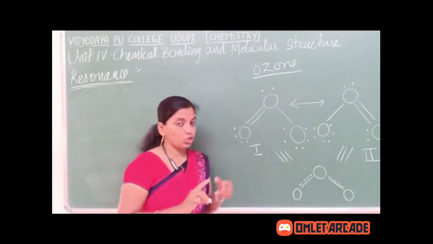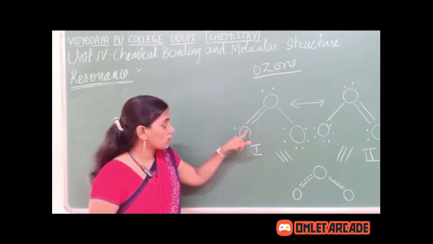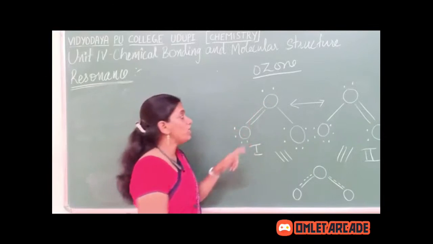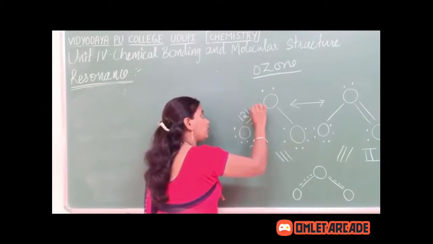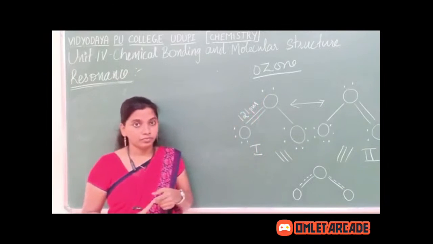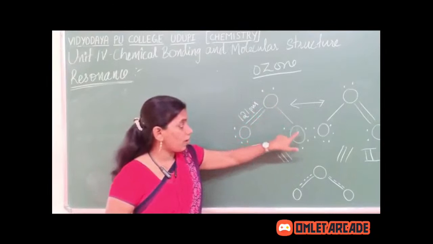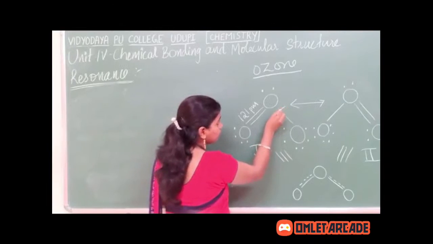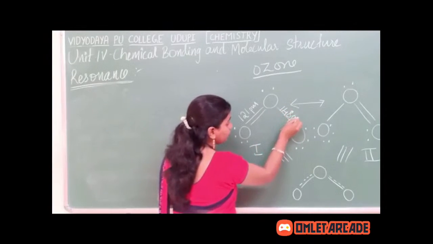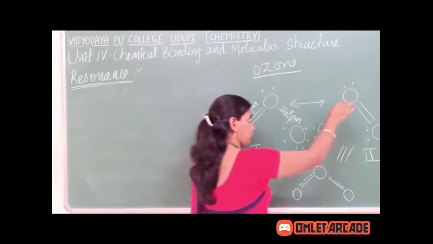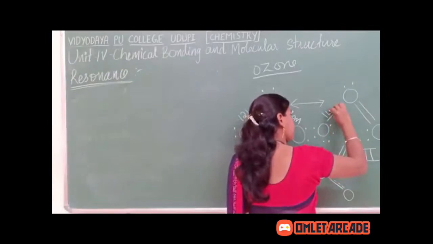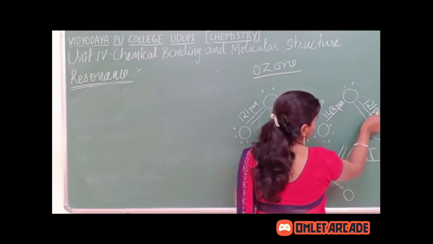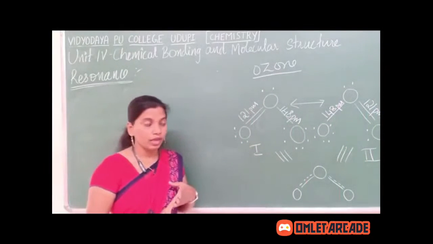In the ozone molecule, the oxygen to oxygen double bond length is 121 picometer, whereas the oxygen to oxygen single bond length is 148 picometer.